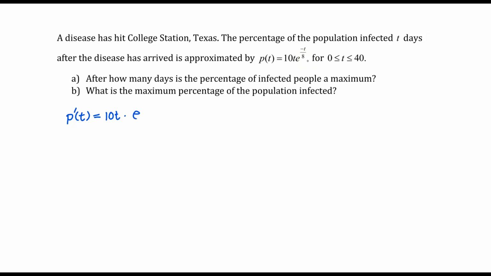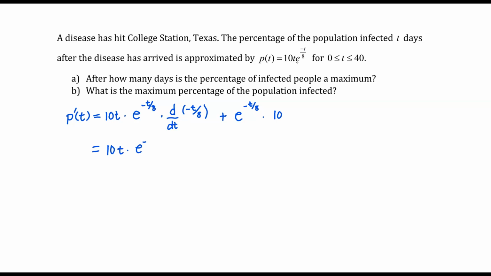The derivative of e to the u is e to the u, so that's e to the negative t over 8, times the derivative of u, that's negative t over 8, with respect to t, plus, copy the other factor, e to the negative t over 8, times the derivative of 10t. And the derivative of 10t is 10.